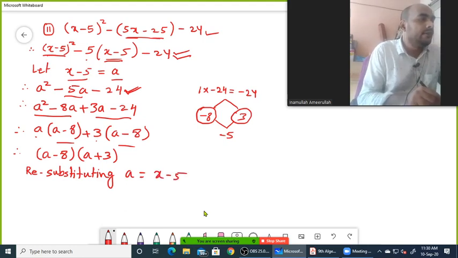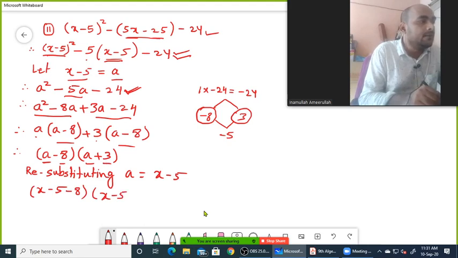So wherever we have a, we will substitute x minus 5. This is a, so here I can take x minus 5, and we have minus 8 there. So I'll take minus 8 in this bracket. Here we have a, so I'll take x minus 5, and we have plus 3, so I'll take plus 3 also.